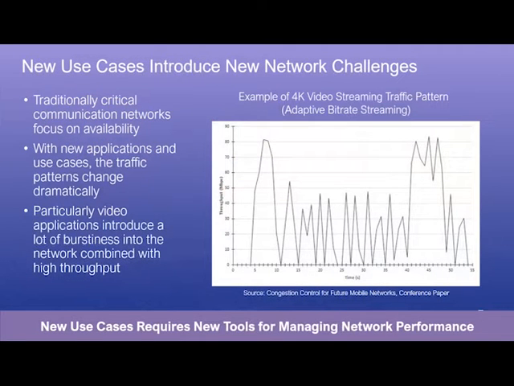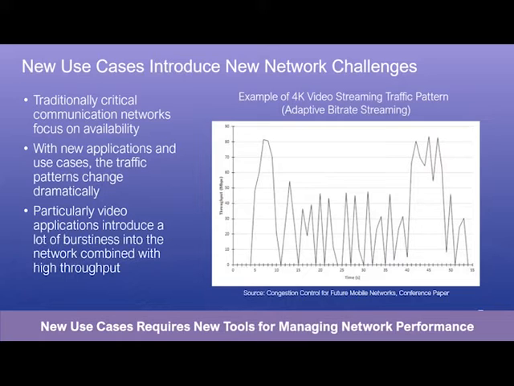So these new use cases introduce also new network challenges in terms of managing the performance of the network. Particularly if we look at the video streams, they are quite bursty in nature and may also affect the performance of the other data streams carried by this network.